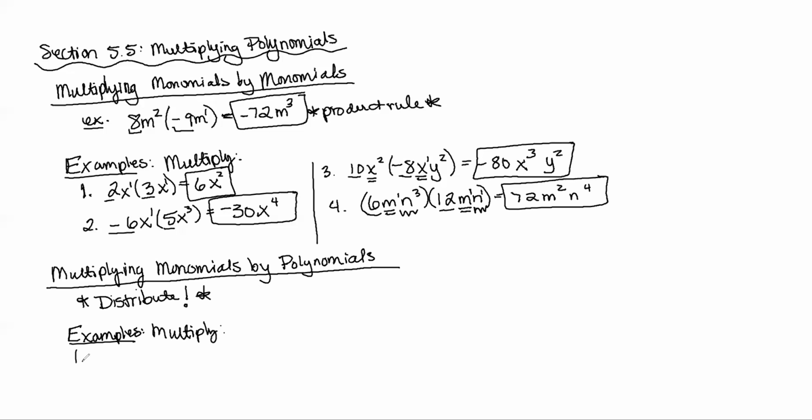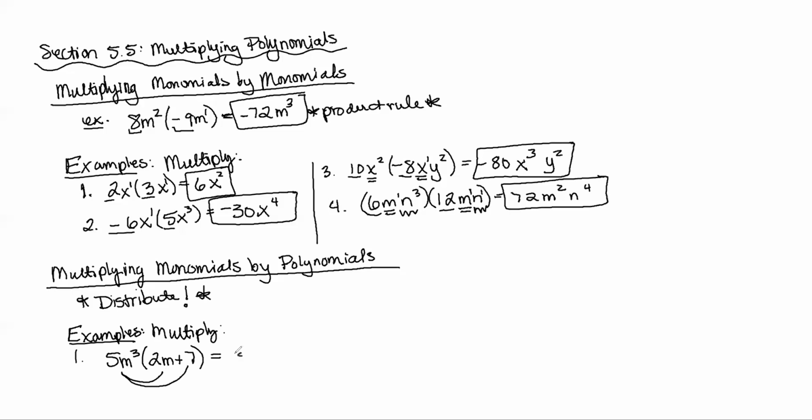Number 1, we're given 5m cubed times the quantity of 2m plus 7. So just like I said, we're going to go ahead and distribute. I'm going to write this one out in the longer format, but we'll skip this in-between step in a second.